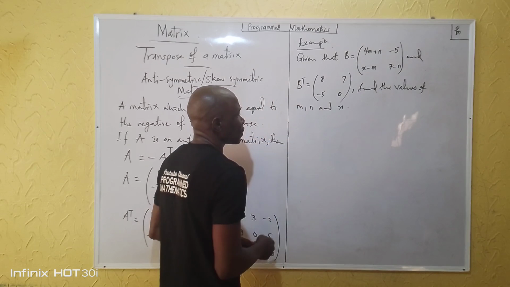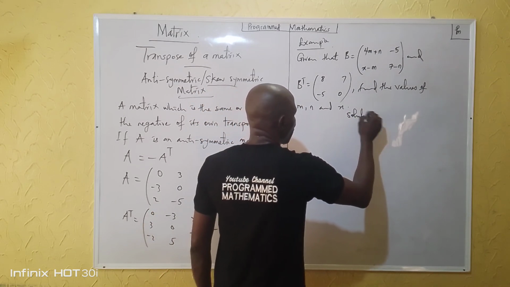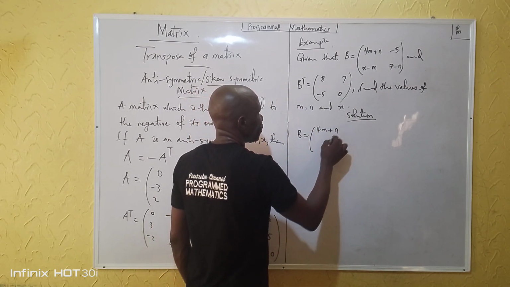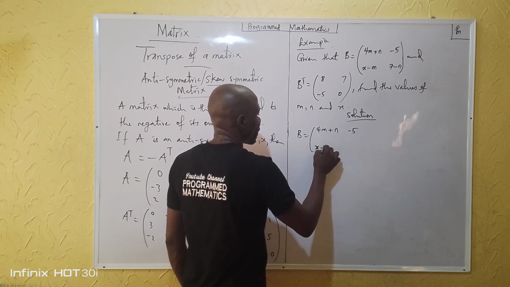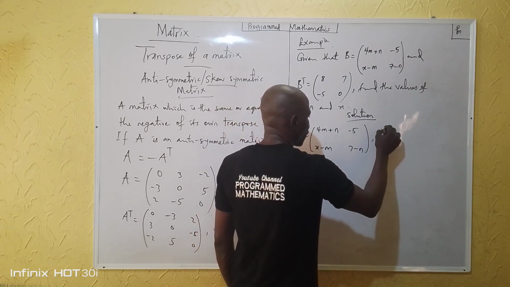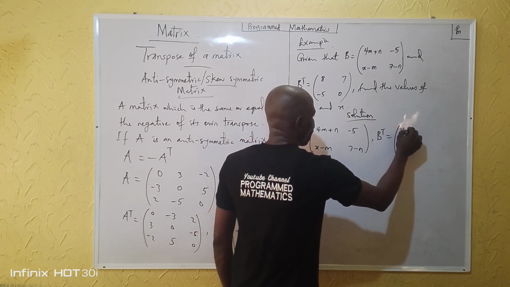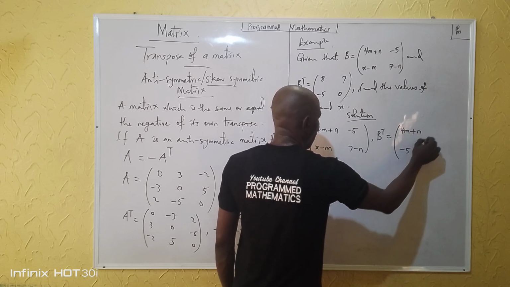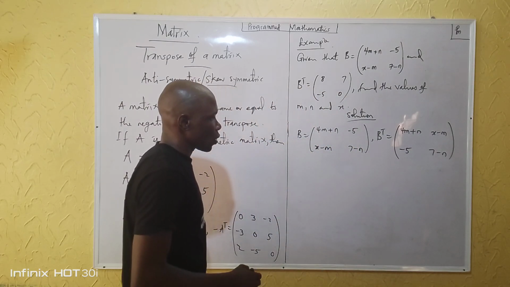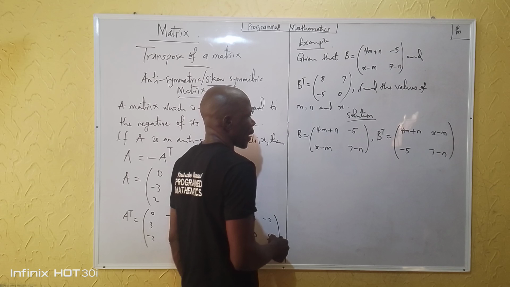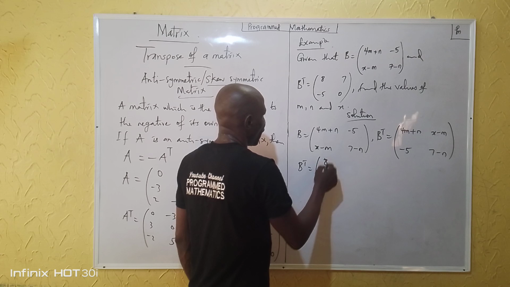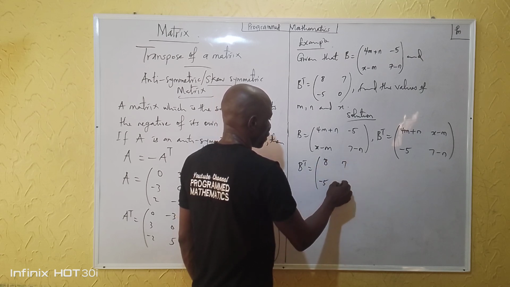If you have to do this, this is also a simple trick. We are given matrix B to be 4m plus n, minus 5, x minus m, 7 minus n. And of course, let's find the transpose of this. But don't forget that the transpose is 8, minus 5, 7, and 0.